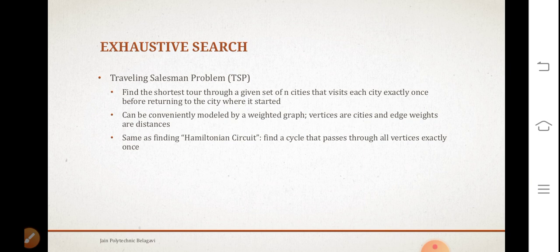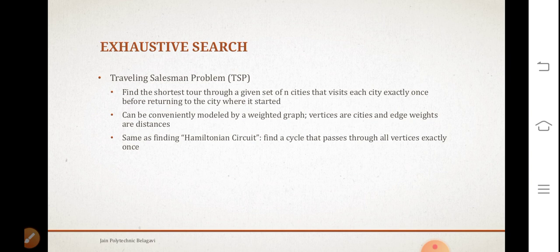The traveling salesman problem is a famous problem in graph theory. It can be stated as follows: consider that there are n cities, and the traveling salesman has to visit each city exactly once and has to return to the city from where he started. To model this problem, a weighted graph can be used, where the vertices of the graph represent cities, and the edge weight specifies the distance between the cities.